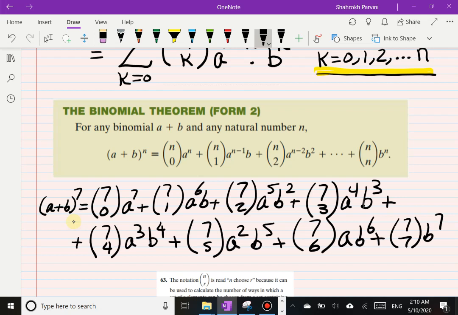Now, the other thing that you see here, by the way, in this expression, if you look at the number here and the number here, they are the same. 2, 2, 3, 3, 6, 6, 7, 7. You see that? So the number on the bottom of the choose notation matches the exponent on b.